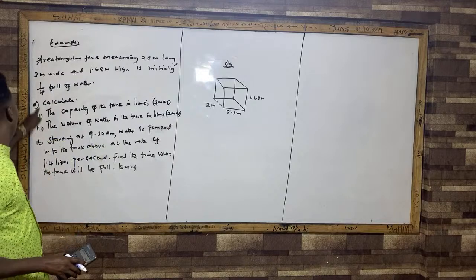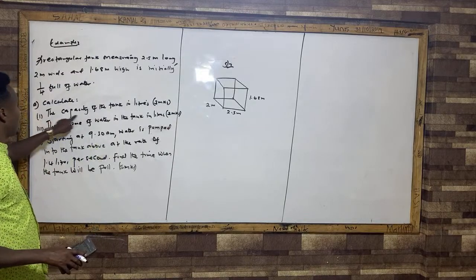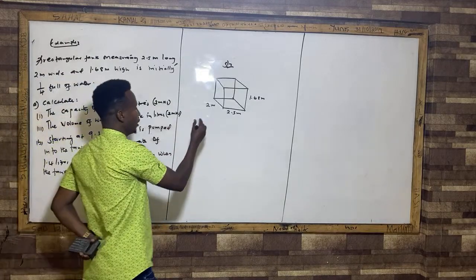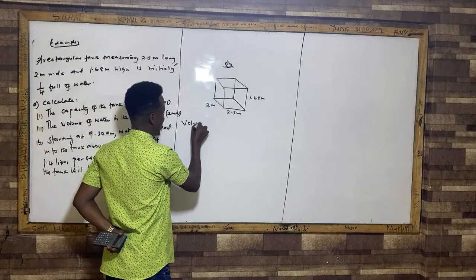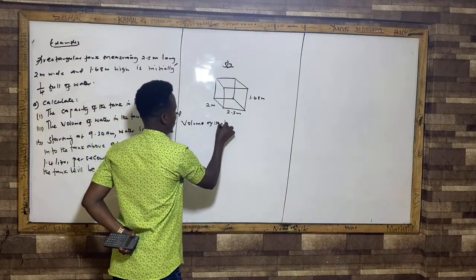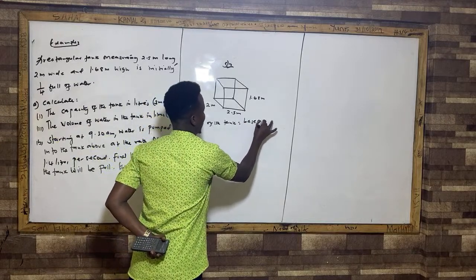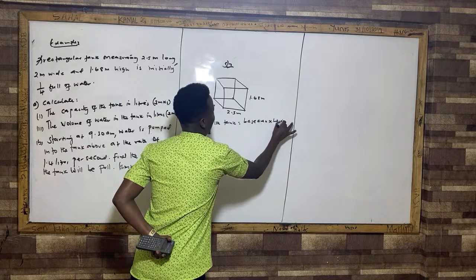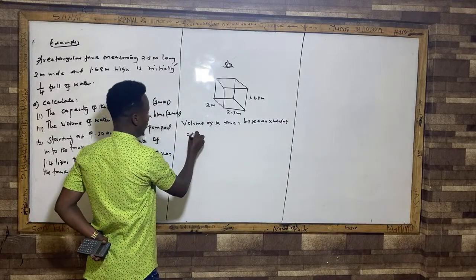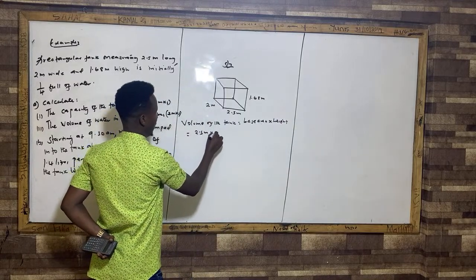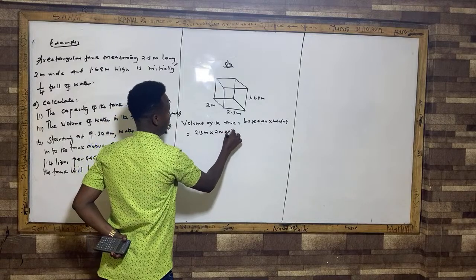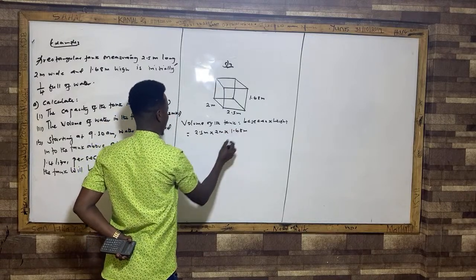You're told the capacity of the tank in liters, so let me get the volume first. Volume of the tank is base area times the height, which is 2.5 meters times 2 meters times 1.68 meters.